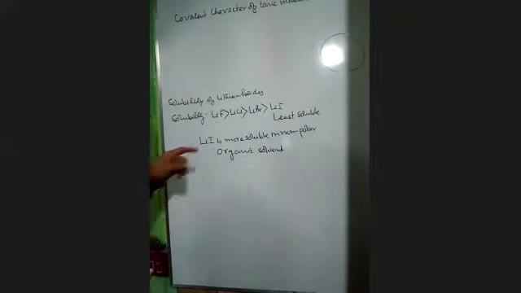But why should it be soluble in organic solvents? Organic solvents are non-polar. Only covalent compounds are supposed to be soluble in organic solvents. It is a salt. It is Li plus and I minus. Why? Then people started thinking there may be something different which you cannot simply explain by ionic character. All right.